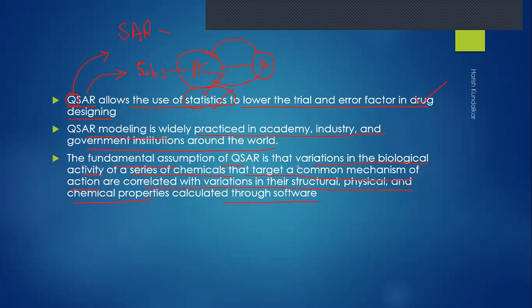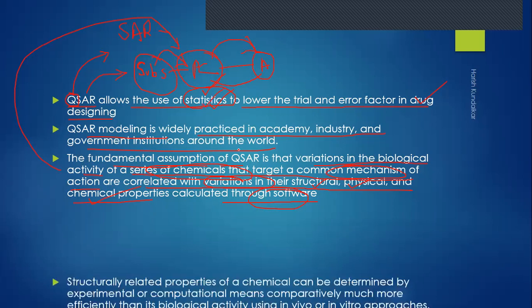In other words, for a given series of molecules that target a common receptor, we can correlate the variations in their structure, physical, and chemical properties through software. This is the same thing I was talking about here: the variation in the structure leads to variation in the physicochemical properties, and that leads to variation in the activities. This is correlated using statistics, by the use of software.